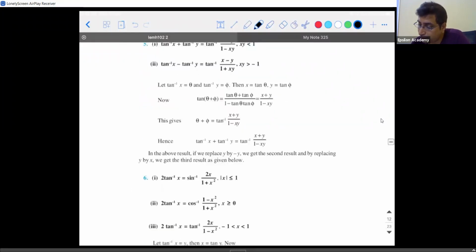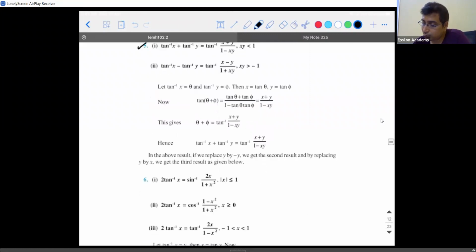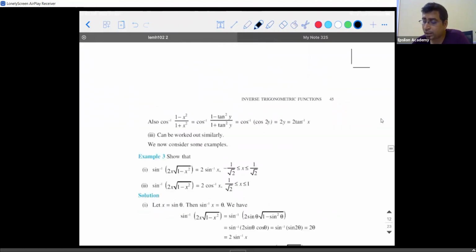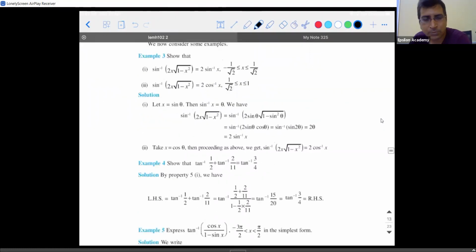The next two identities are related to tan inverse x and something like this. With that, the identities are over. But before that, let's start solving some problems. Those two properties I will teach you next.